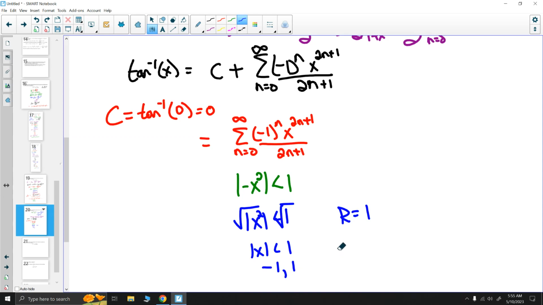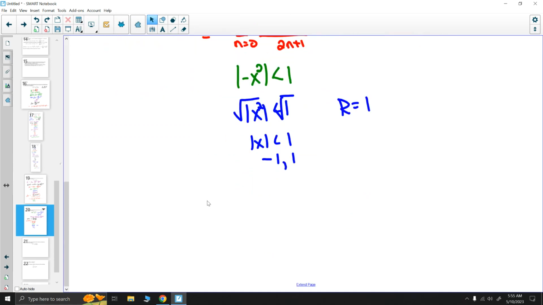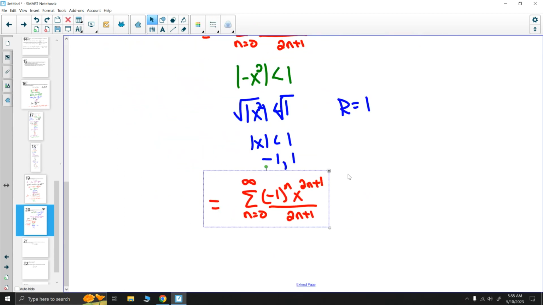Okay, so we can test these values if we'd like. If we plug in -1 and 1 for x, we can try it out. So let's go ahead and copy this down here, and we're going to test those endpoints. We'll start with -1.